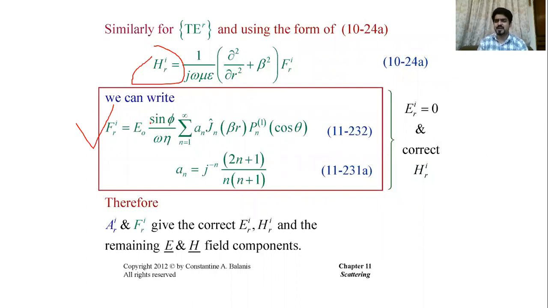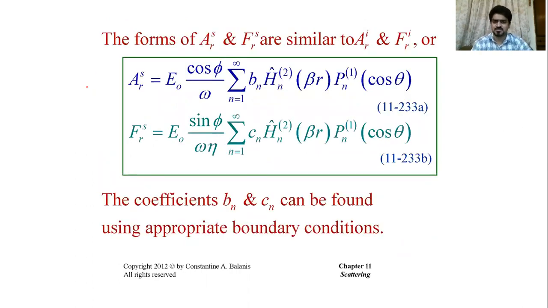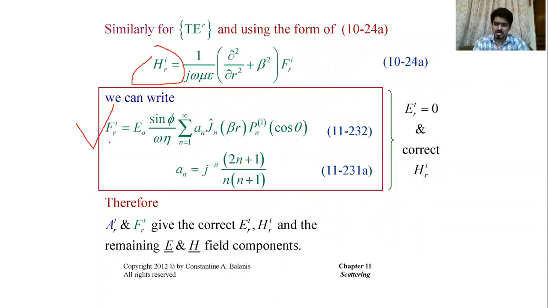From that, we can find the radiated fields, right? Again, this is what we did for cylinders. We know that these are the vector wave potentials A and F for incident waves in terms of the Schelkunoff spherical Bessel function. Similarly, we can represent the scattered field in terms of the Schelkunoff spherical Hankel function of the second kind.